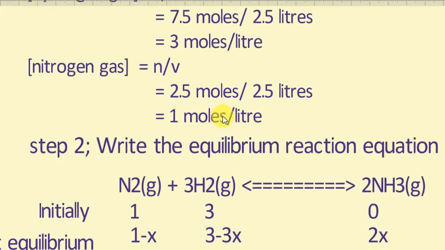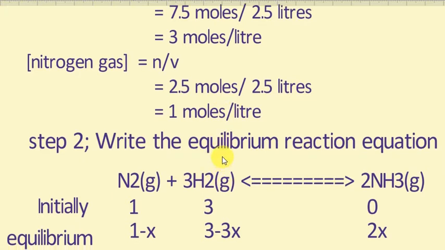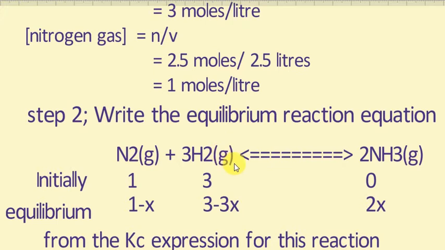Now the second step is to write the equilibrium equation for the reaction. The equation will be nitrogen plus 3 hydrogen giving ammonia. These dots represent a reversible reaction, because my application has no ability to write some of the symbols. Initially we had 1, 3, and then 0.